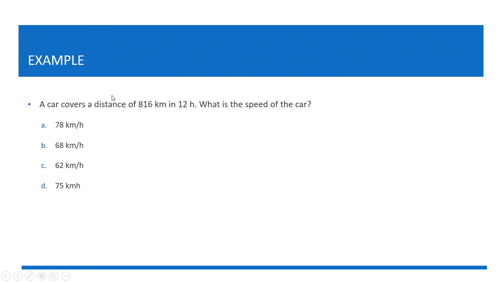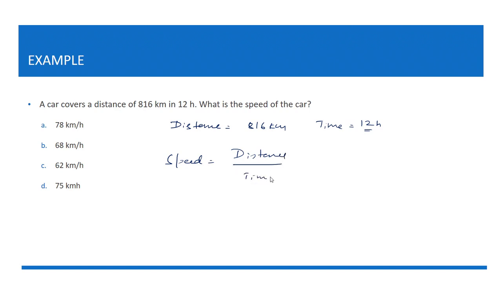Okay, let us go with one more example. A car covers a distance of 816 kilometer, that is the distance given, and time is 12 hours. What we need to find is speed. Speed is equal to distance by time. Distance is 816 kilometer, time is 12 hours.